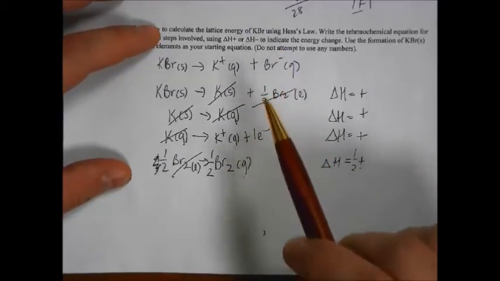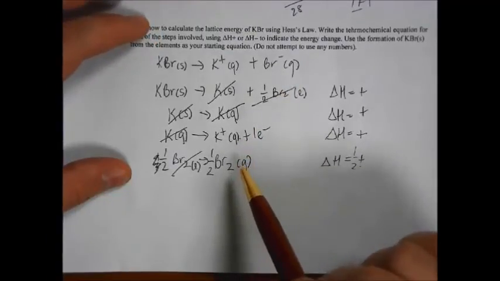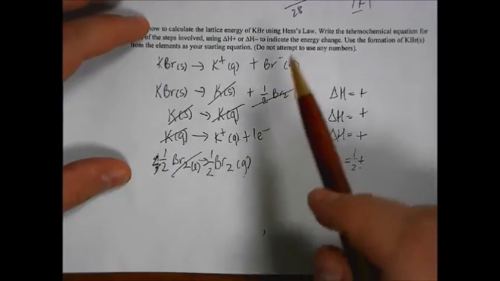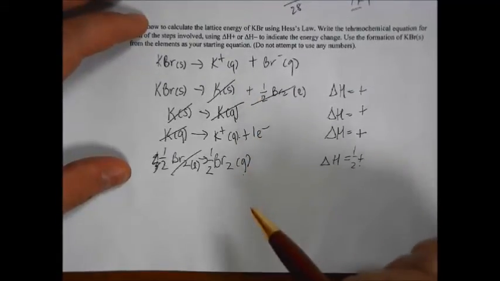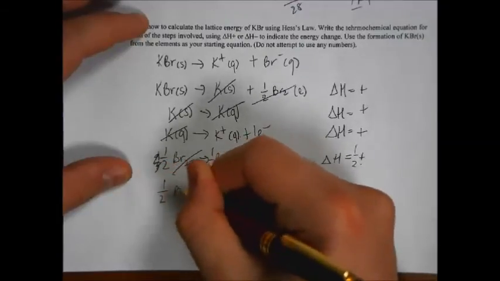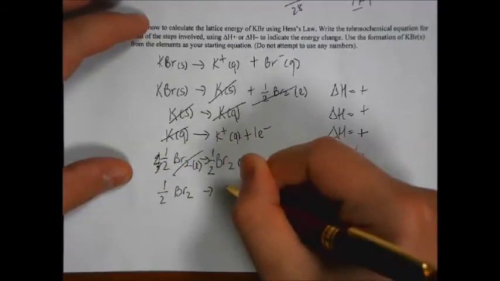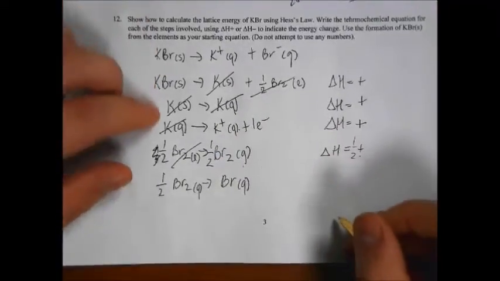We have to go to Br. So if you remember, we're going to have to invoke a bond breaking, or basically a split of the diatomic. So in this case, we have our 1/2 Br2 goes to Br. Br2 gas goes to Br.